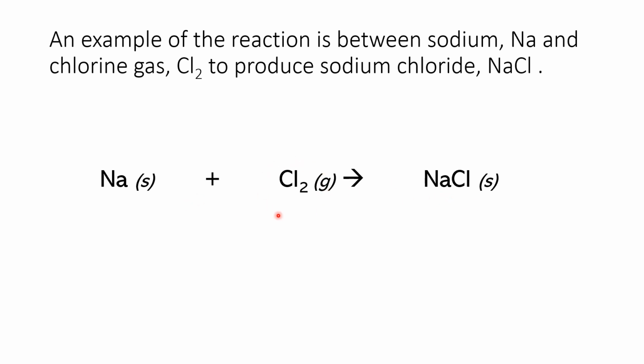Chlorine on the left side is 2, but chlorine on the right side is only 1. So tidak balance untuk chlorine sahaja. Tapi walaupun kita kata tidak balance untuk chlorine sahaja, kita akan menganggap bahawasanya the whole chemical equation here does not balance. So we must balance the whole chemical equation.